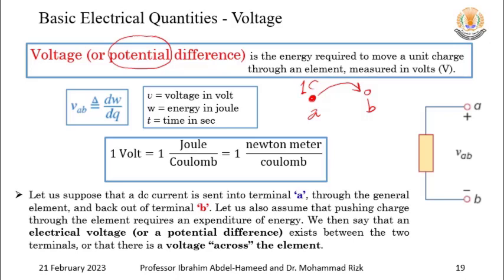And VAB, what's meant by VAB? Potential difference, end minus start. Okay? So here, the head of the arrow is always positive, and it relates to the first digit.